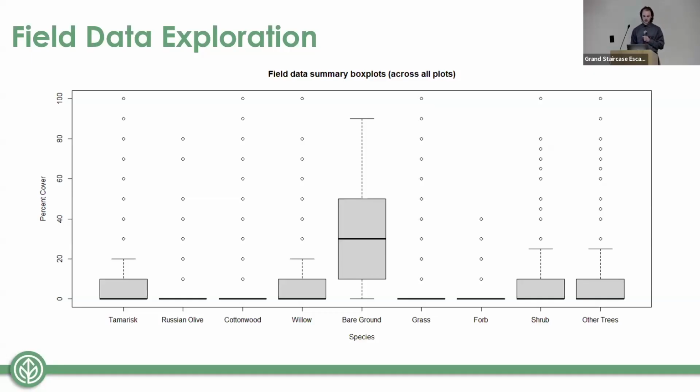Because of this, we didn't have a lot of high presence points for Russian olive, and that made our Russian olive model perform quite poorly, which is why most of this presentation is tailored towards tamarisk, but we did investigate Russian olive detection as well.